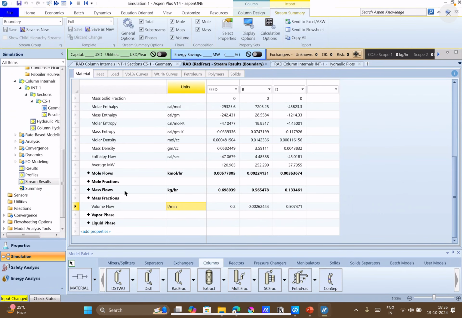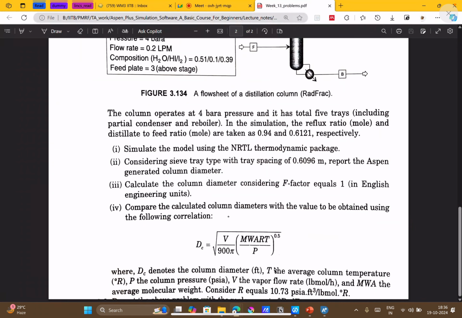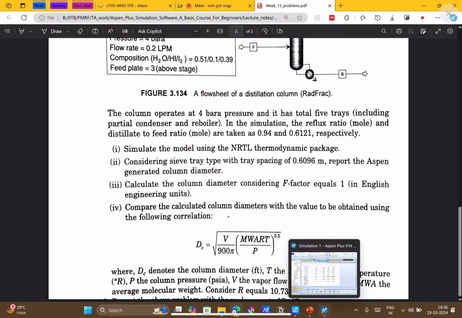So the molar flow, you change it to pound mole per hour. Okay, so this is the distillate part, that is the vapor flow rate, which is 0.00797. The column diameter in feet, this we will get. Then the average column temperature in degree Rankine.